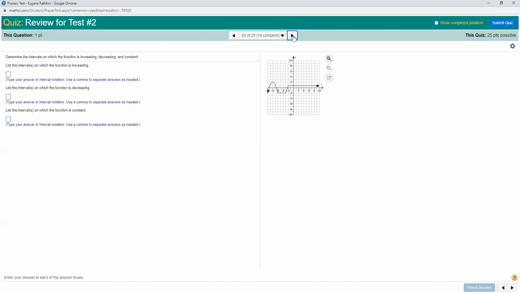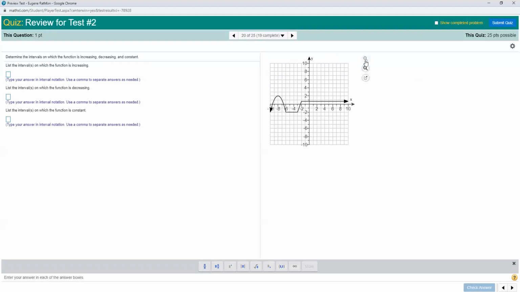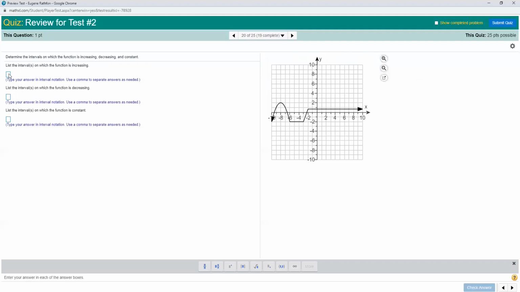All right, what do we got here? 20. List the intervals where it's increasing. So notice it's increasing right here on the left side to this point on the x, and then it's increasing on this little slanted line right here. So I'm going to zoom this in a little bit. First, let me start with my parentheses.